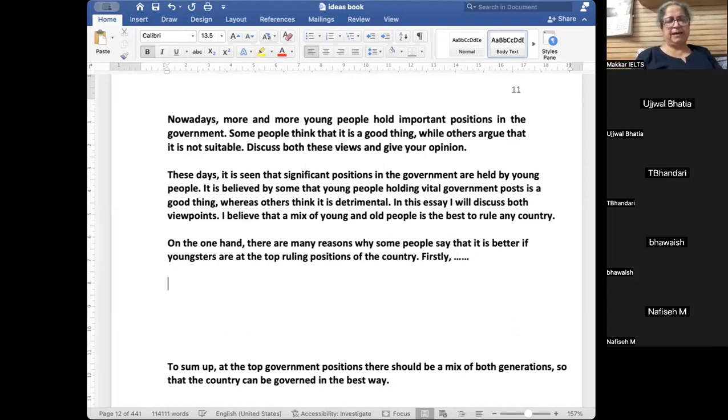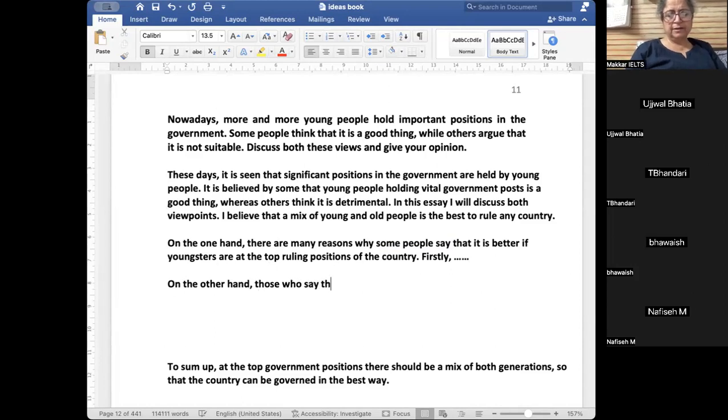And then the second para will be, on the other hand, those who say that it would be counterproductive. What is counterproductive?